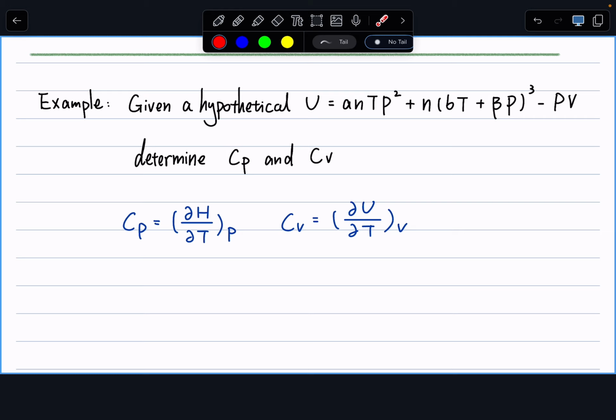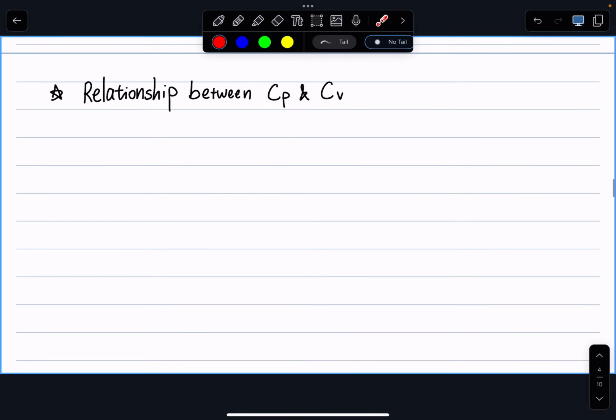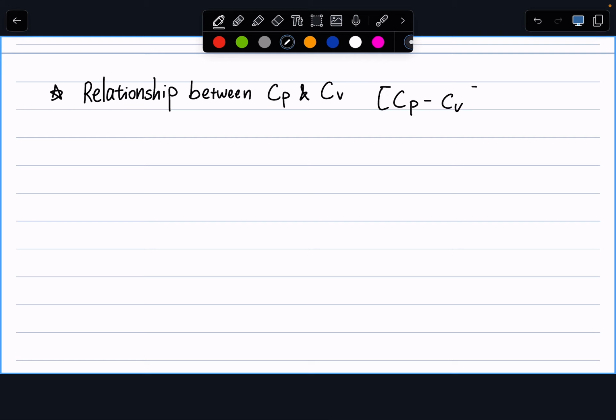All right, so let's move on to our second example problem, which is deriving the relationship between CP and CV. In this one, we're trying to solve for an expression for CP minus CV, using the definitions of CP and CV and also enthalpy. We'll do it in two different fashions.